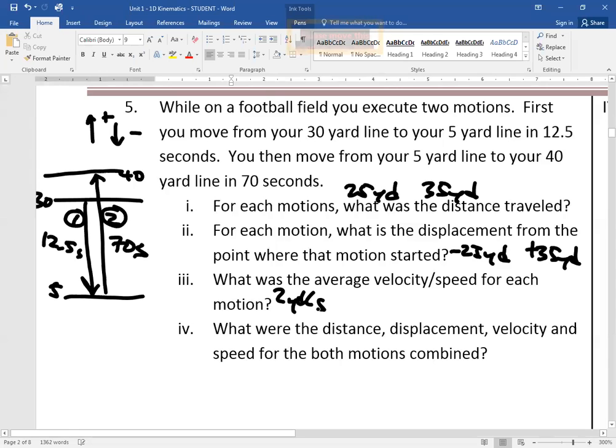In terms of speed, how about speed for the second motion? 25 yards per second. What if I was talking about velocity for each of the motions separately? You would have to make the first one negative 2 yards per second to indicate that it was in the negative direction, right? Perfect.